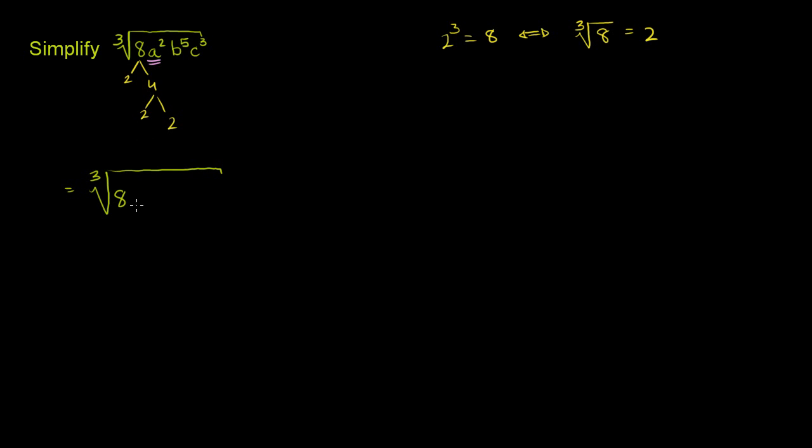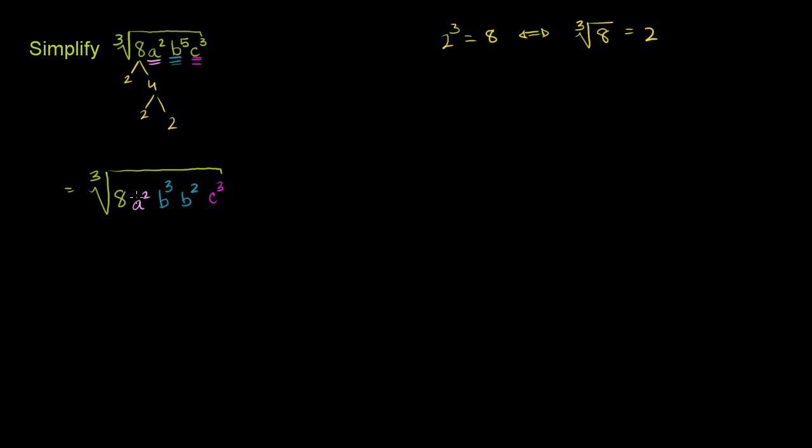So that's a squared. B to the fifth, I can write that as b to the third power times b squared. And that way I have a perfect cube here, and then I have something that's not. But this, at least, I can take the cube root of. And then c to the third, that's already a perfect cube. The cube root of that is c. So times c to the third.